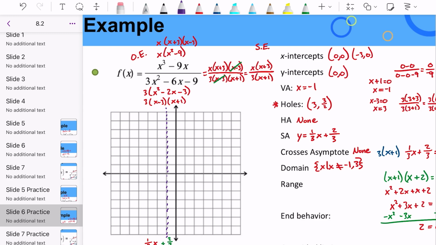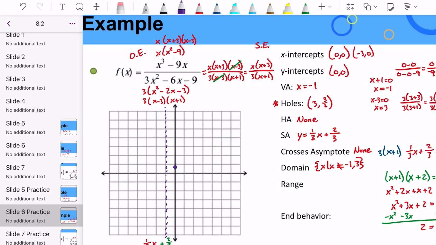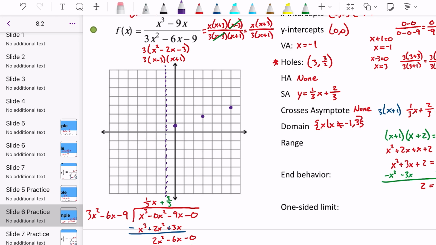So we start off on the y-axis at 2/3. And we would have a slope of 1/3. So we would go up 1 and over 3. And we would repeat that to get the slant asymptote.